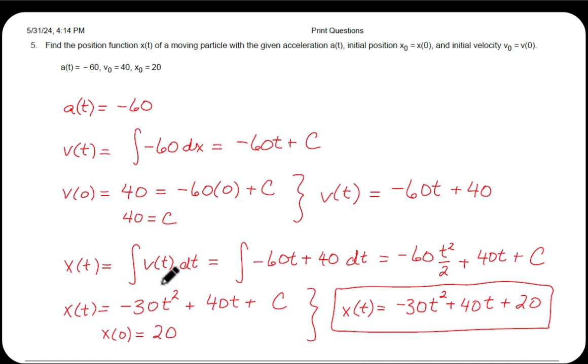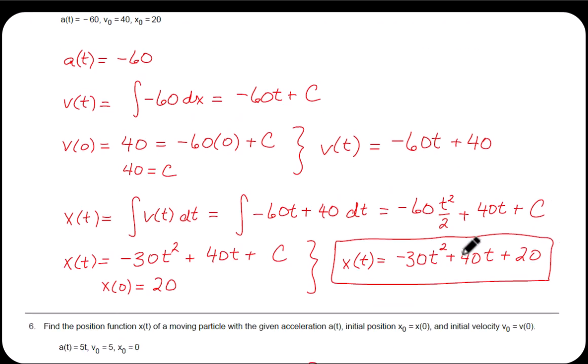And if I integrate velocity, I get the position function or displacement. So I'm going to integrate minus 60t, so a minus 60t squared over 2. Integrate 40, I get a 40t, and the arbitrary constant we pick up.